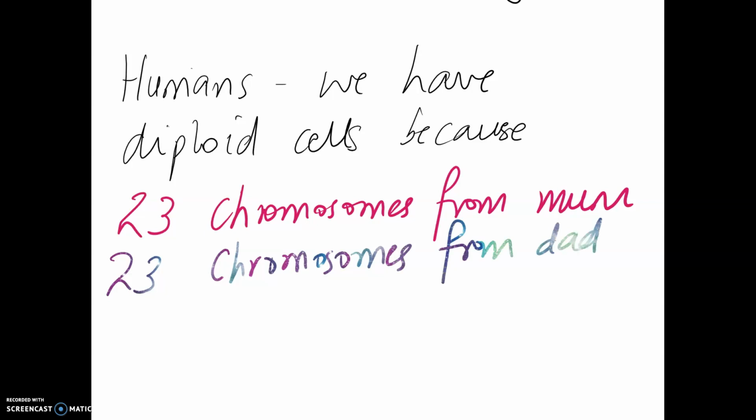So as humans, we have a total of 46 chromosomes.